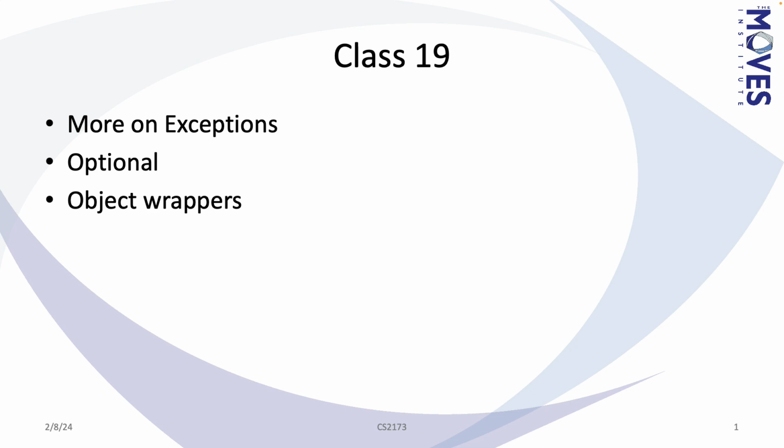Okay. So, going to finish talking about exceptions, and then there's the book had this optional thing. It's not something that I use a lot really, but it's actually a very convenient situation. And then the final topic today are object wrappers.